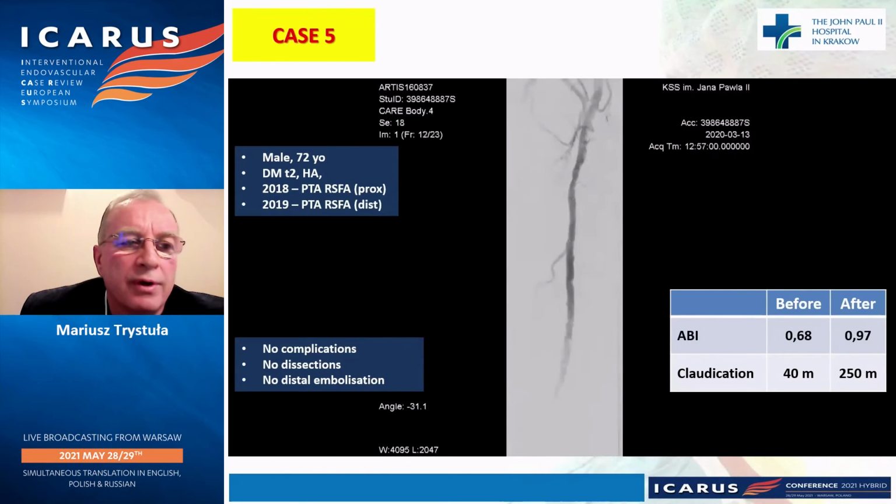A 5 millimeter IVL catheter was used, and we got extension of the distance of claudication from 40 to 250 meters. No complications, no dissections, but about 20% residual stenosis of distal common femoral and proximal superficial femoral artery.